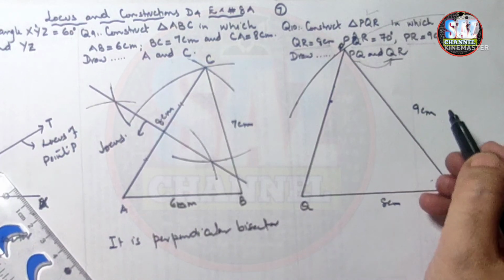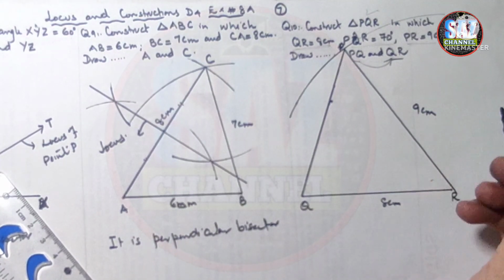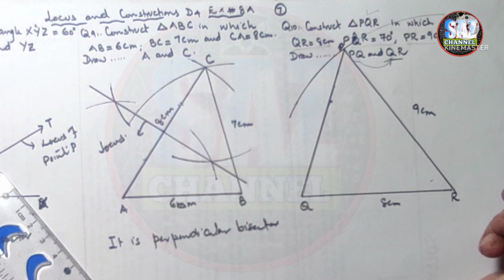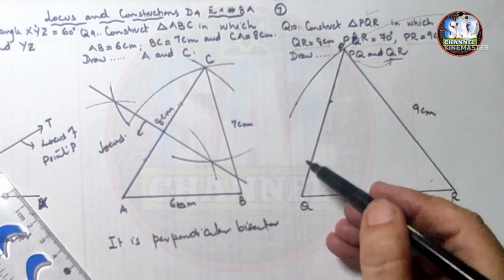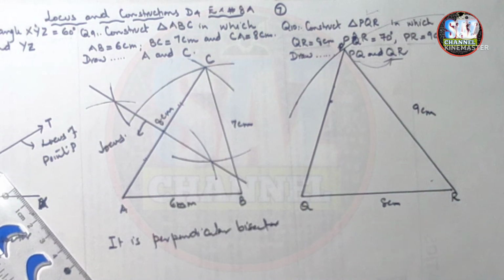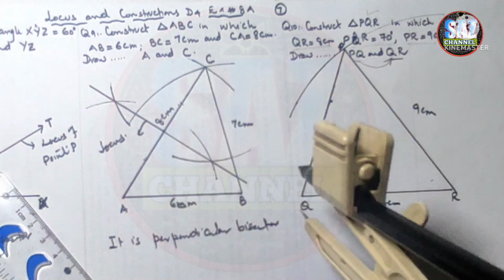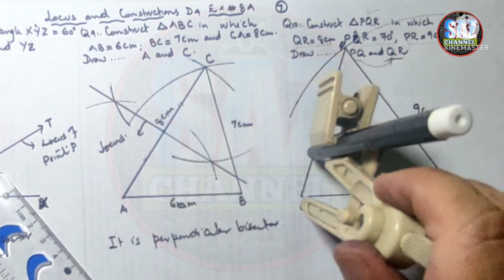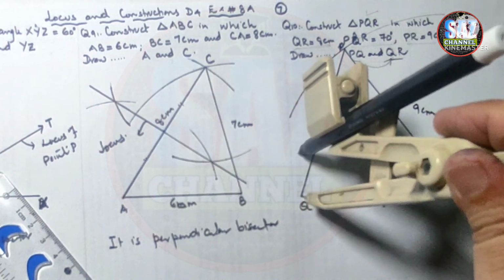And then we have to construct the locus which is equidistant from PQ and QR. For that purpose I have to open the arm of the compass to a suitable radius, which means not too big and not too small.